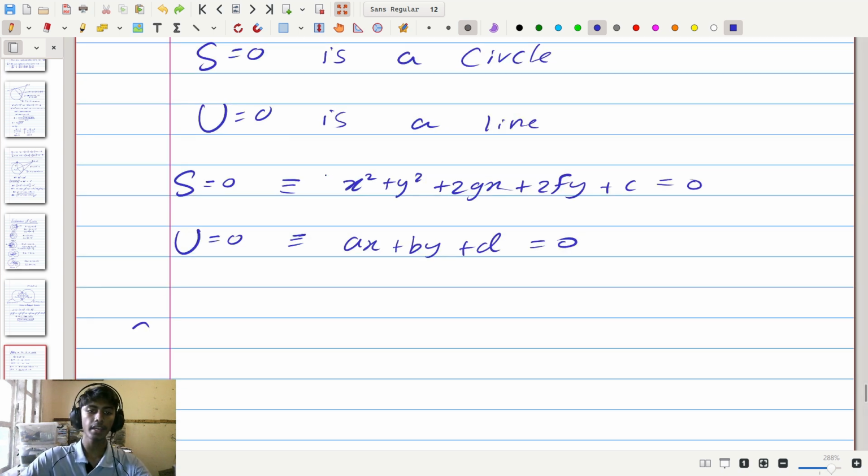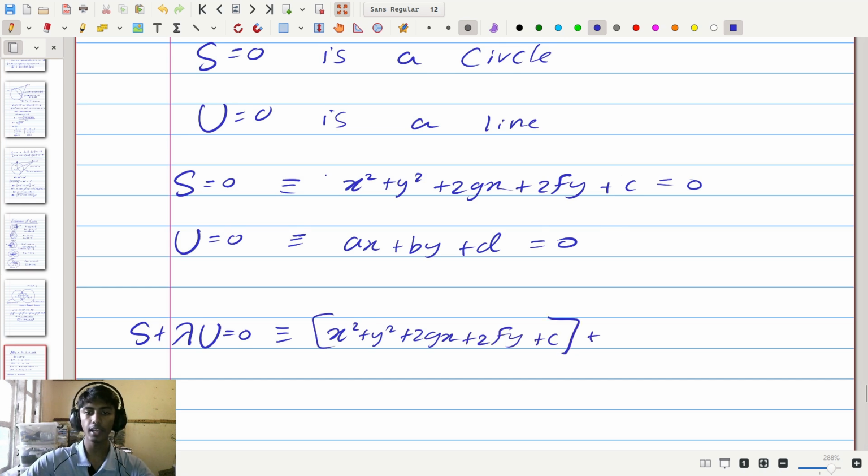So S plus lambda u equals 0. This is representing the S bit, which is x squared plus y squared plus 2gx plus 2fy plus c, plus lambda times the u bit, which is going to be ax plus by plus d equals 0.